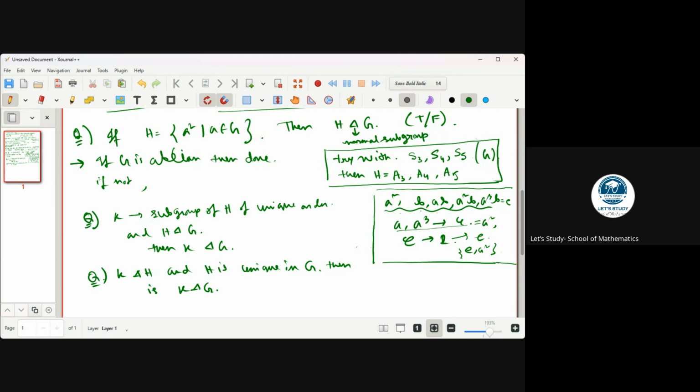K is a subgroup of H. Yes, was anyone saying something? Sir, are those orders considered here finite or infinite?